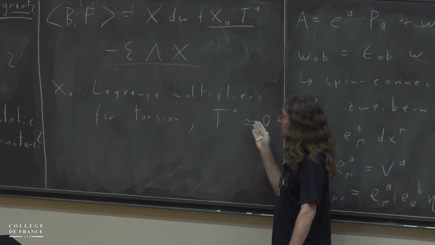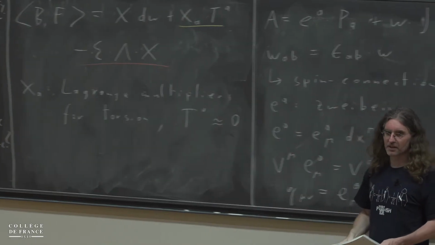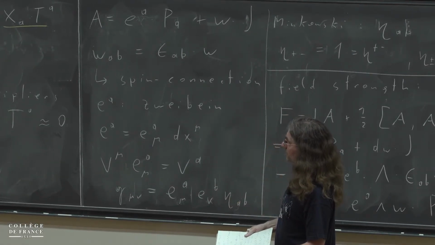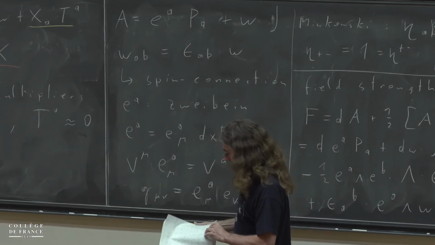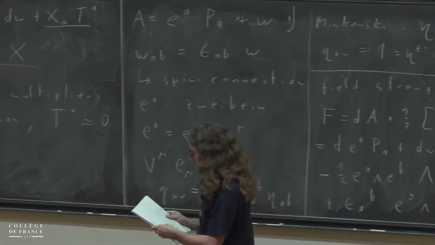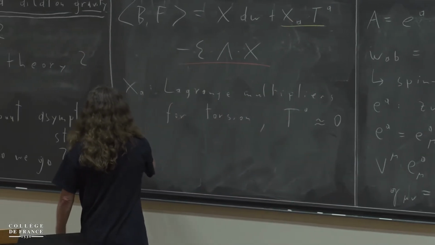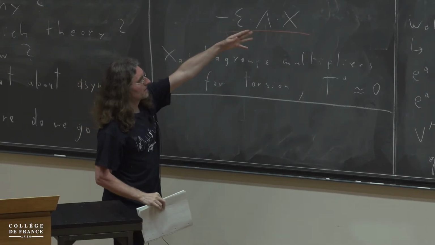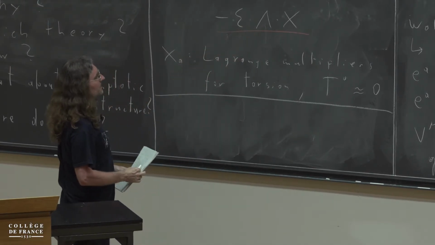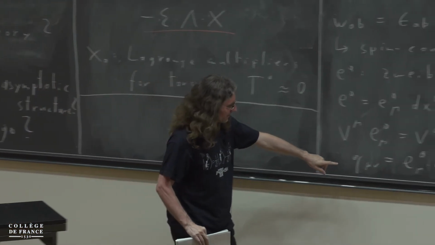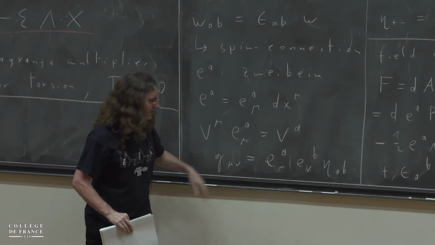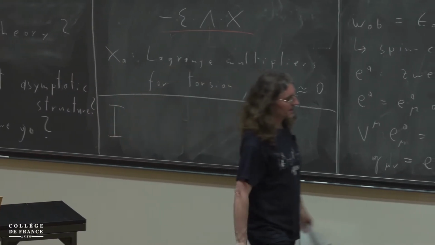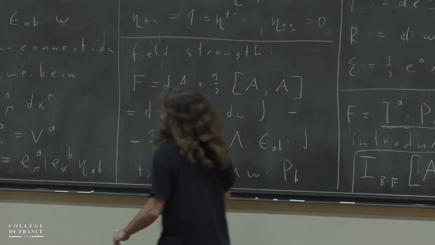So you can solve this for the spin connection, and then you find it's just a Levi-Civita connection, and you can convert your theory into a standard Riemannian theory, even though you started with a Cartan theory.